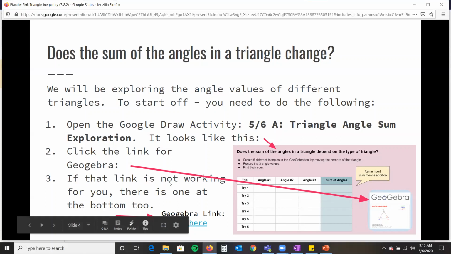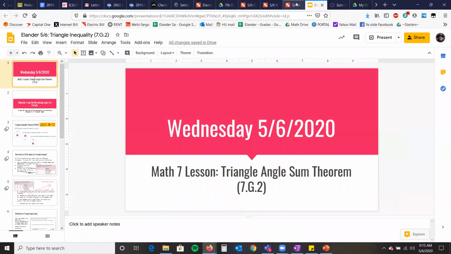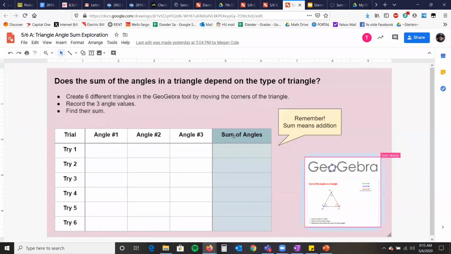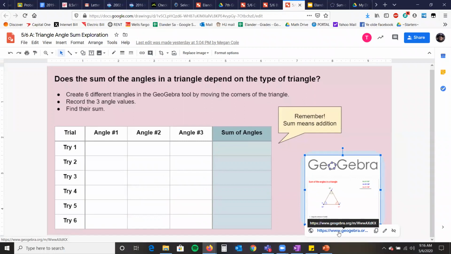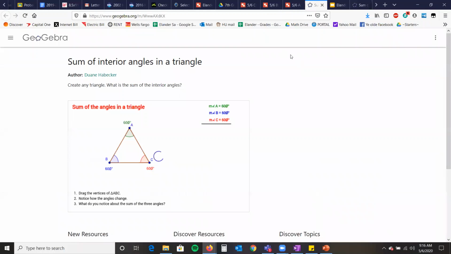This is on the Google Draw file, so let me show you that real quick. It should look like this. When you click on this little picture of Geogebra, it'll take you to the Geogebra activity that we're going to. So you'll click on that link, and it takes you to a page that looks like this.